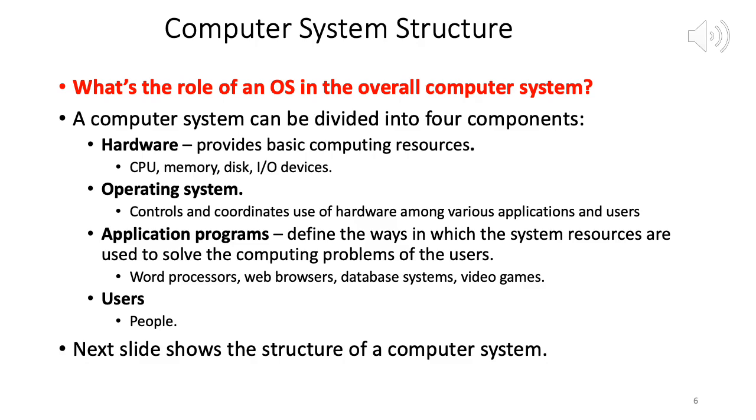So each of those are examples of applications or application programs. Okay. So each has a certain goal which can be different from the other, right? And then on top you have the people using the machines, which are the users. So in this way you can sort of have the overall computer system in a hierarchy.